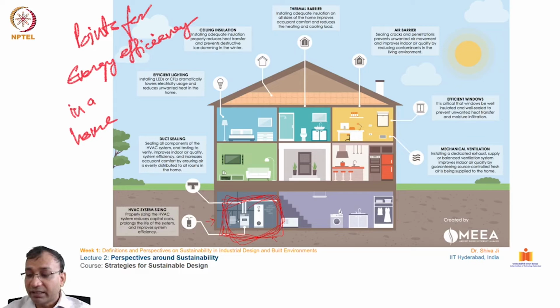Next, there are considerations like thermal insulation, because we may have studied in our textbooks, while we transfer heat from one place to another, even when we transfer electricity from one place to another, there is always some percentage of loss. So how can that loss be minimized, kept to the minimum?